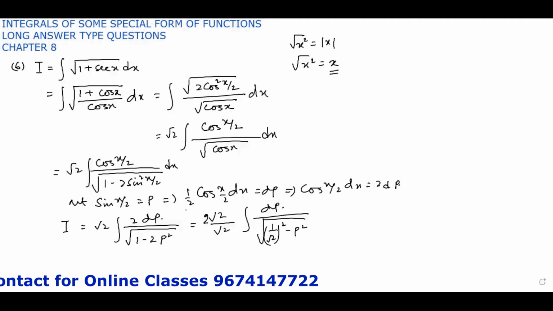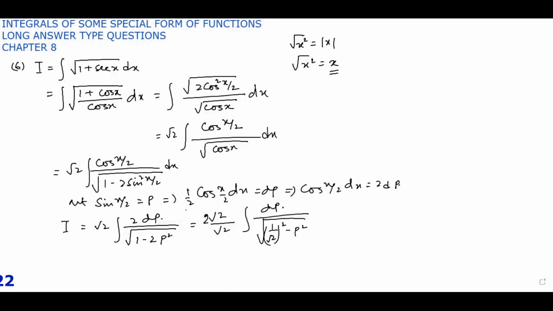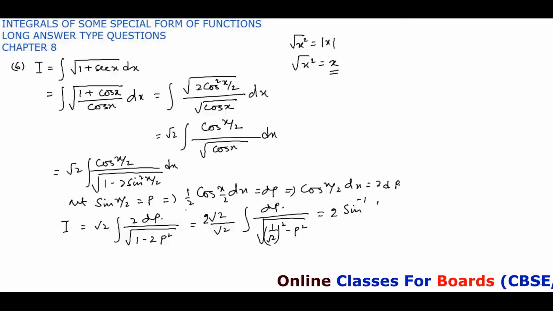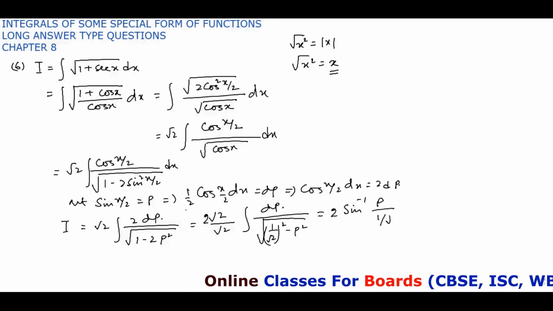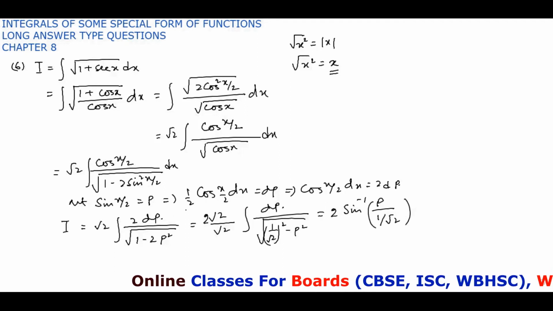So this is basically the integration dx by root over a square minus x square, which gives you only sin inverse x by a. That's a formula. So we have sin inverse x by a plus c.